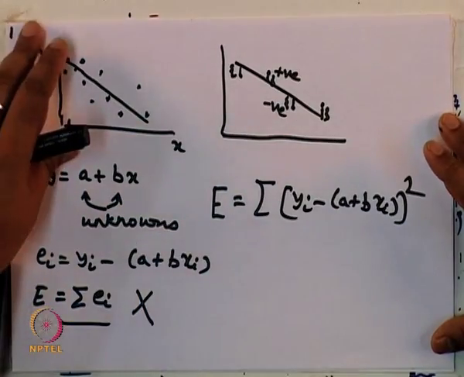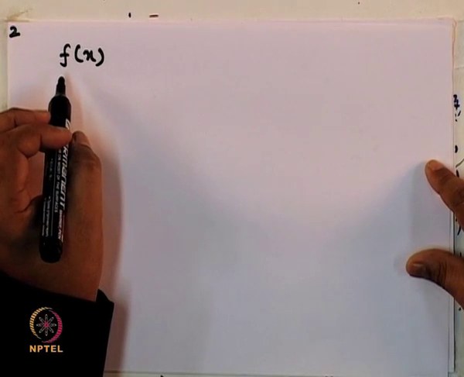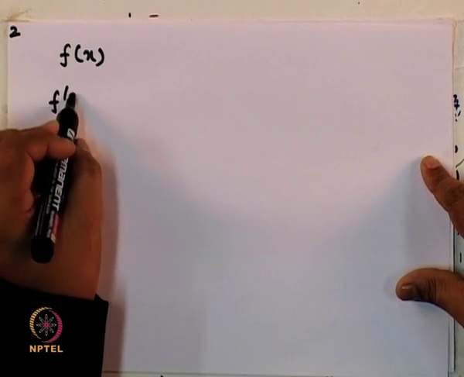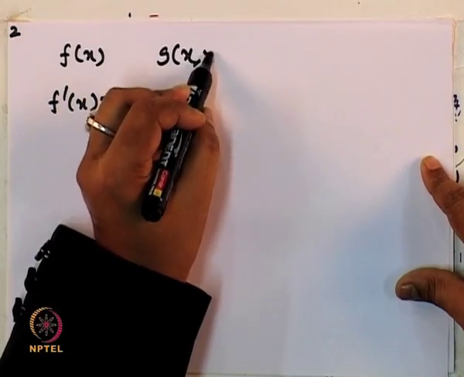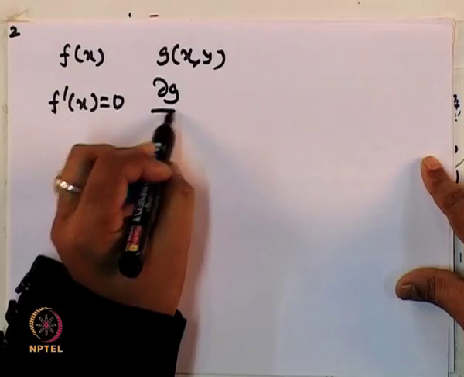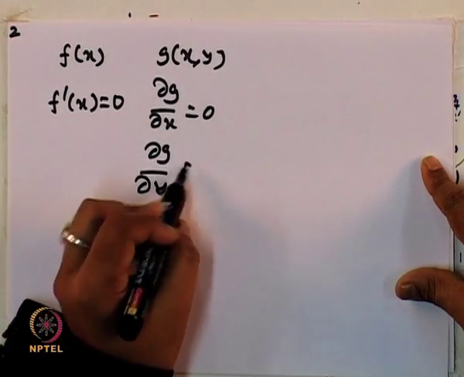We had briefly discussed that, for a function of a single variable f of x, to find where it is minimum, you set f prime of x equal to 0. When you have g of x comma y, you set del g del x equal to 0 and del g del y equal to 0.